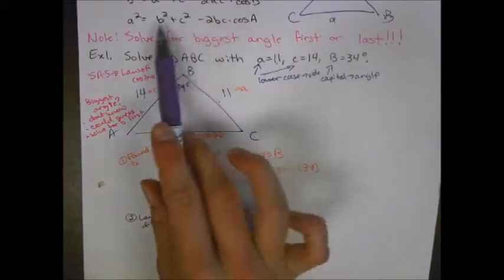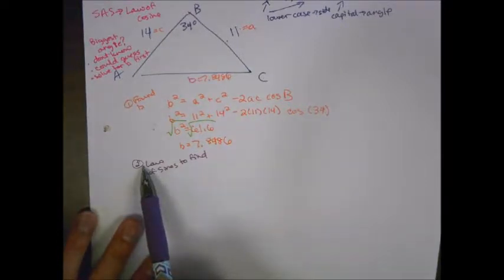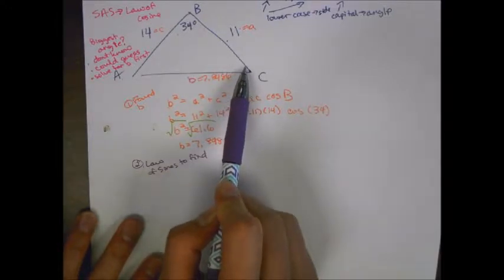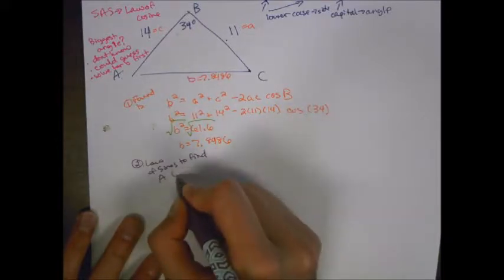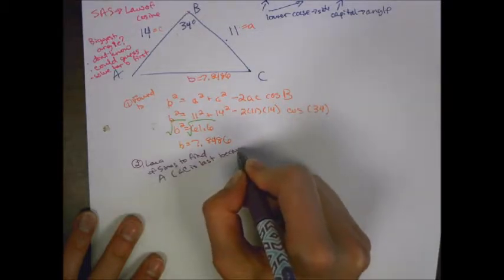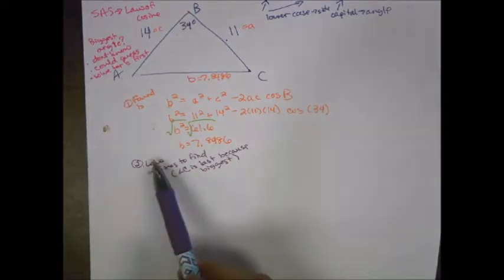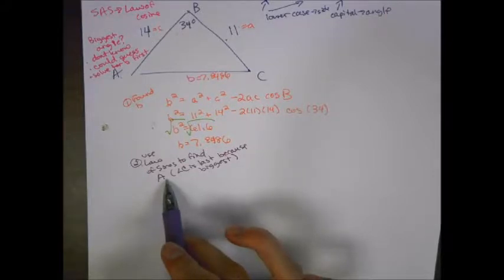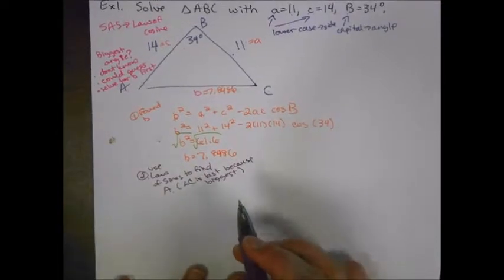Our note is solve for the biggest angle first or last. This is step 2. So what's the biggest? C. We have to solve for C last. So we're going to find A. I just wrote you a note. We're going to use law of sines to find A. We're going to do angle C last because it's the biggest.